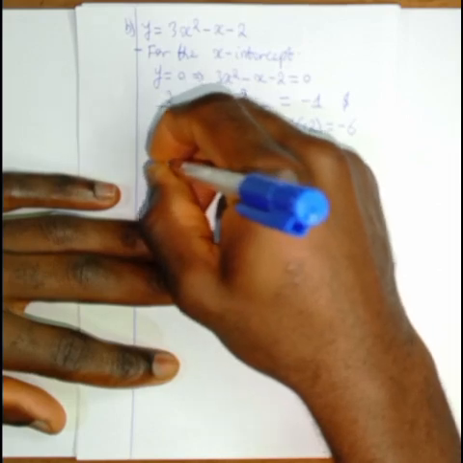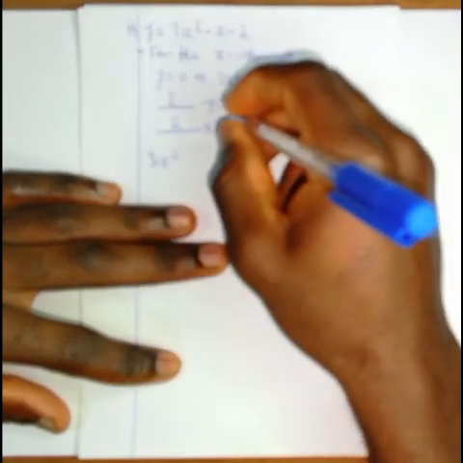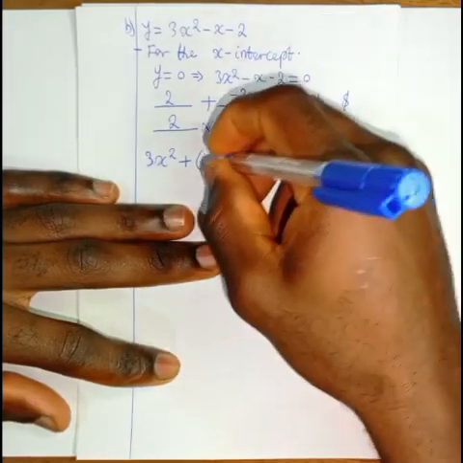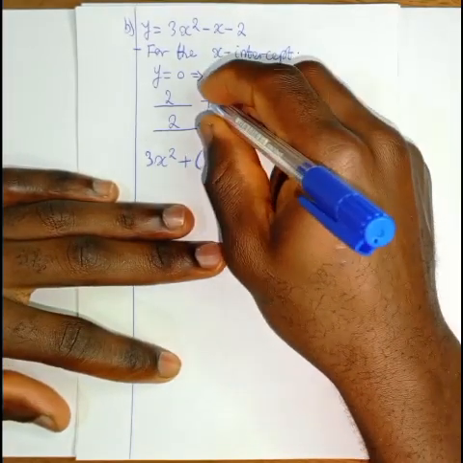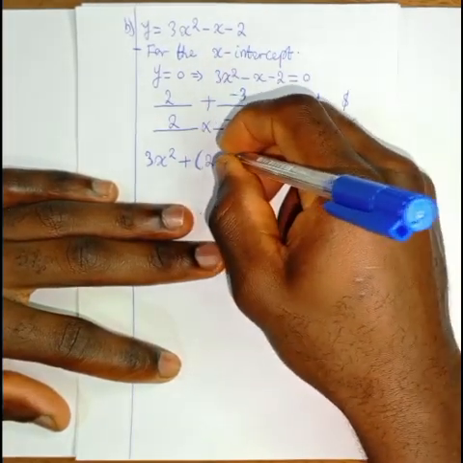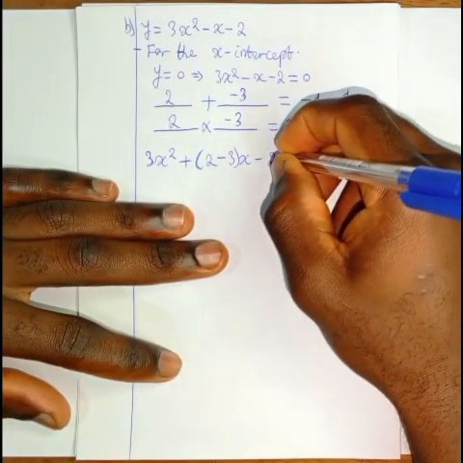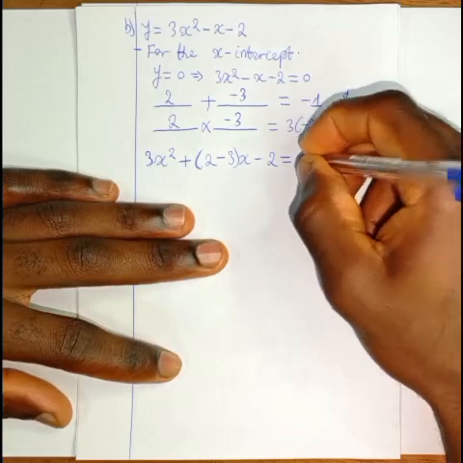This will give us 3x squared plus, we're going to replace -1 in the equation of x, 2 plus -3, which is the same as 2 minus 3, times x minus 2 is equal to 0.